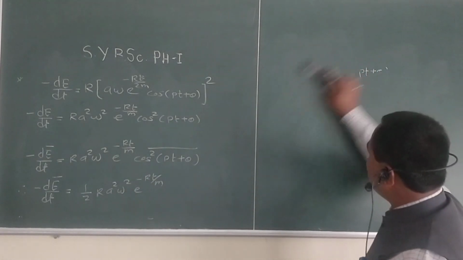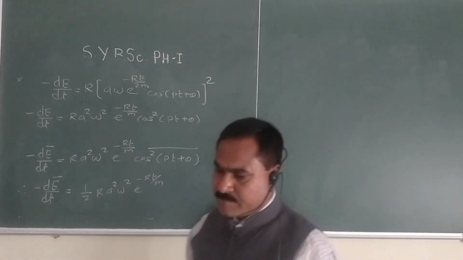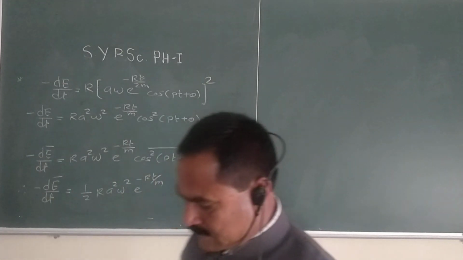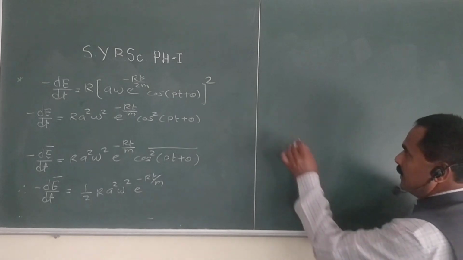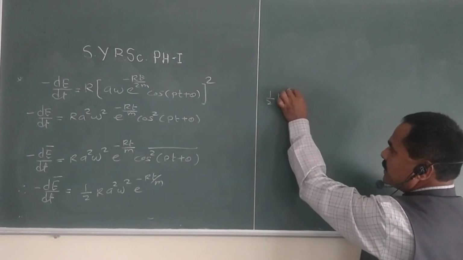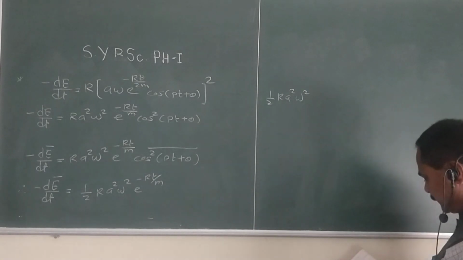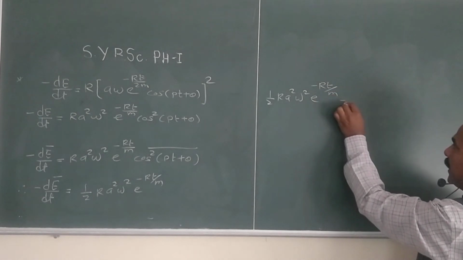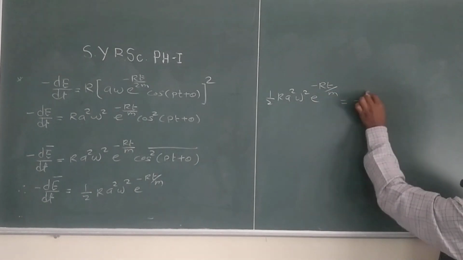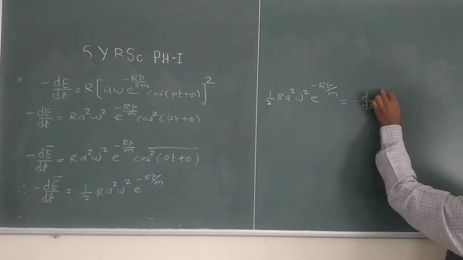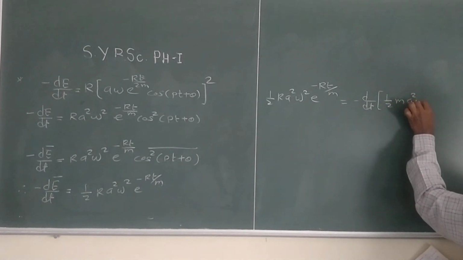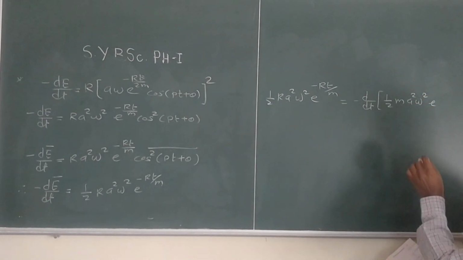In the next step we have to substitute: write half r a square omega square e raised to minus rt upon m equal to minus d dt of half m a square omega square e raised to minus rt upon m.